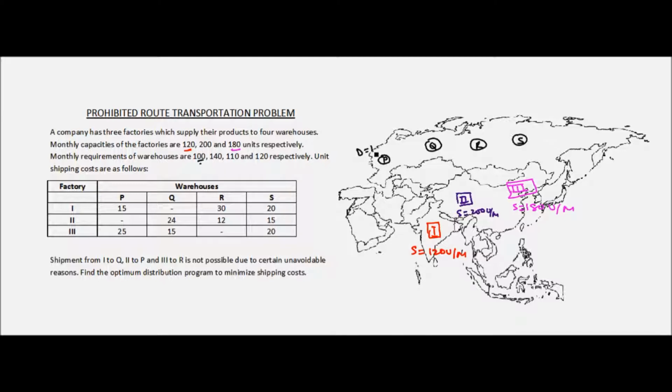For Q, demand is 140 units per month. For R, the demand is 110 units per month. And for S, it is 120 units per month.